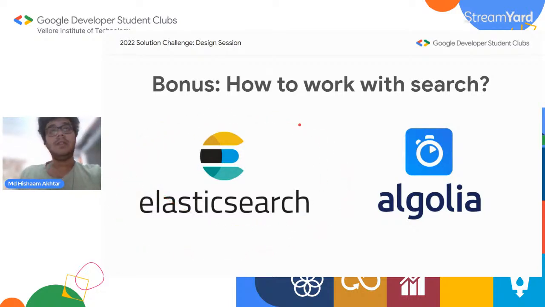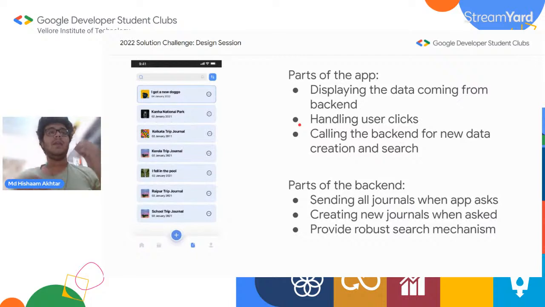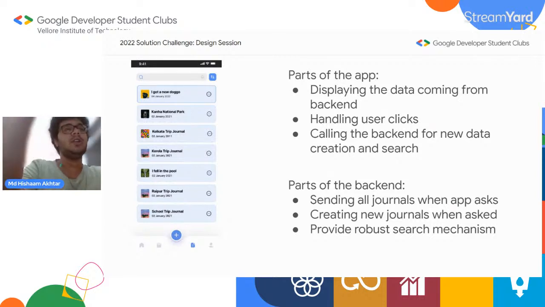And this search part actually deals with very intricate things, right? So suppose you want to search for the journal "I got a new doggo", right? So you type dog, right? If you just type dog, it should identify that dog is a part of the journal "I got a new doggo", and it should put that journal at the front for you when you are searching, right? So deciding which one is relevant to the search query that has come in, and in what order the search results should be ranked, those are very complicated processes, right?